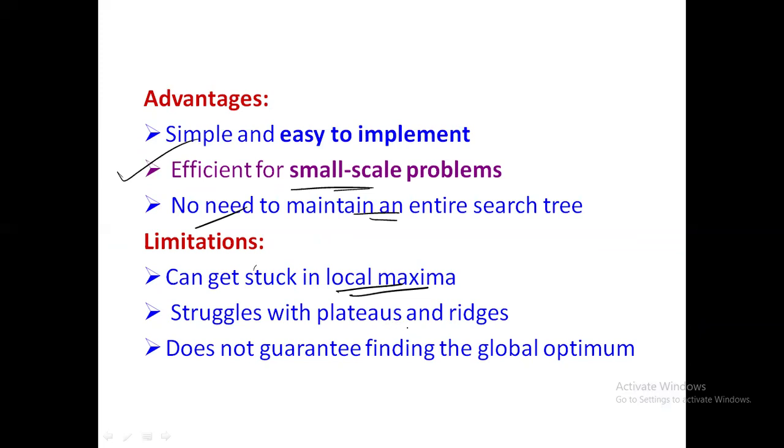Additionally, it struggles with plateaus, flat regions, ridges, and steep or narrow paths, where small changes in the state do not provide meaningful improvement, leading to stagnation. This I have already told you. Lastly, hill climbing does not guarantee finding the global optimum as it focuses only on immediate improvements, which may prevent it from exploring better solutions elsewhere in local search.